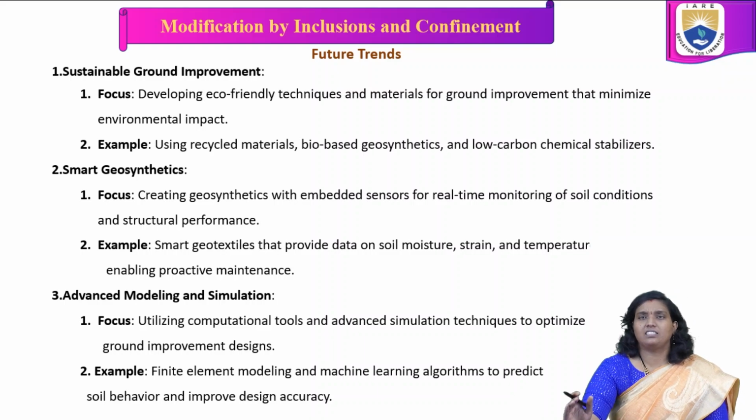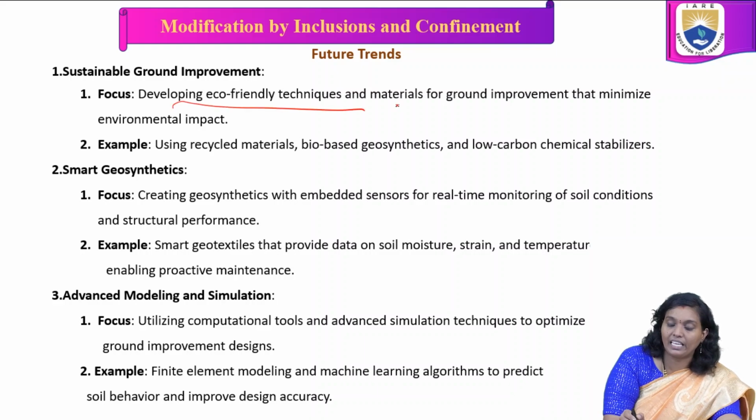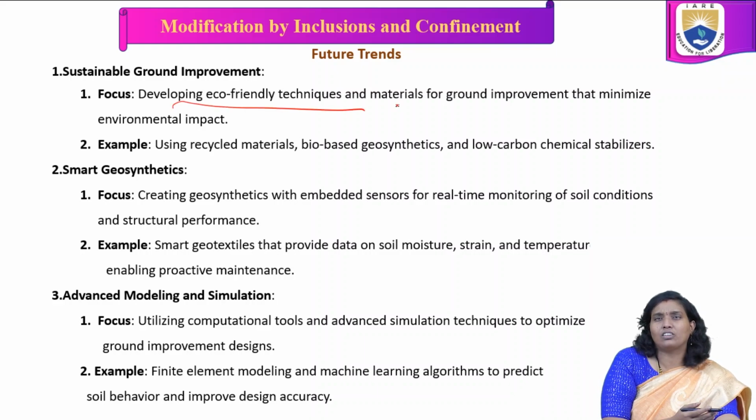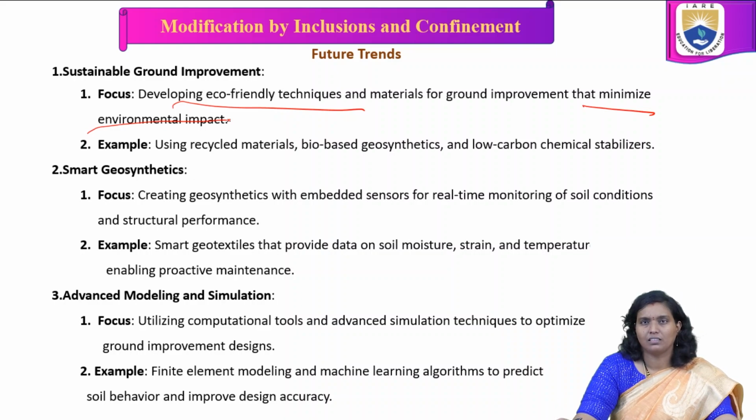Modification by inclusions and confinement: future trends. What kind of confinements are required for getting better results in this field? In sustainable ground improvement, developing eco-friendly techniques and materials helps minimize the environmental impact.